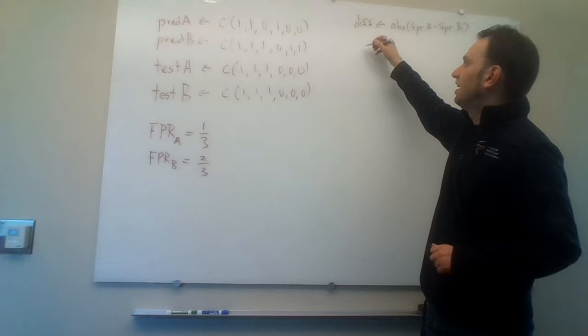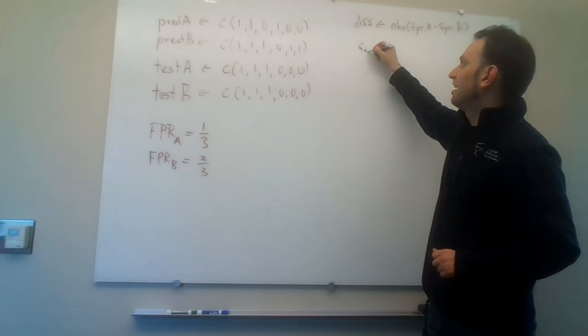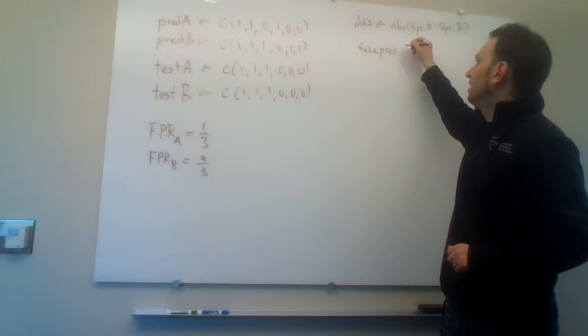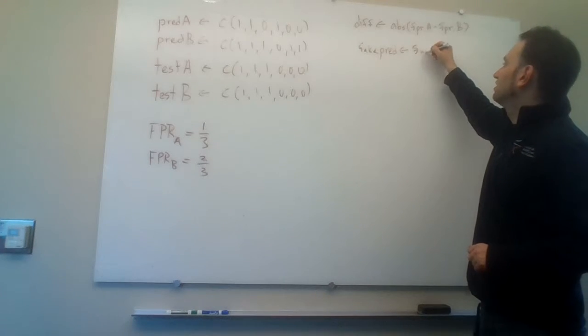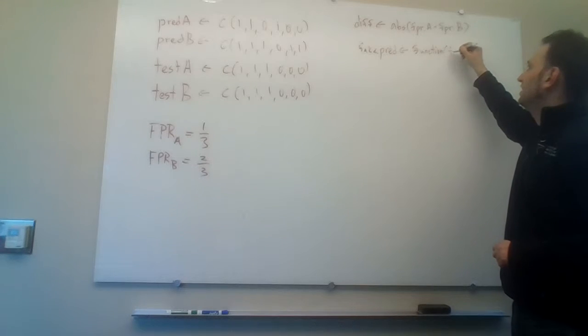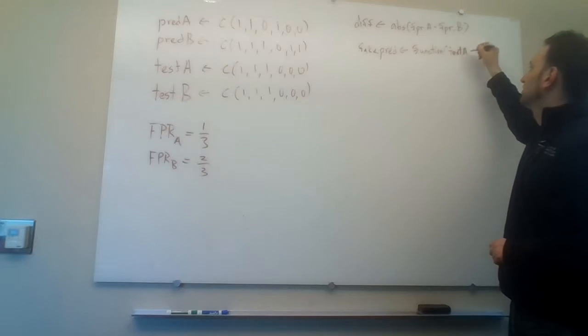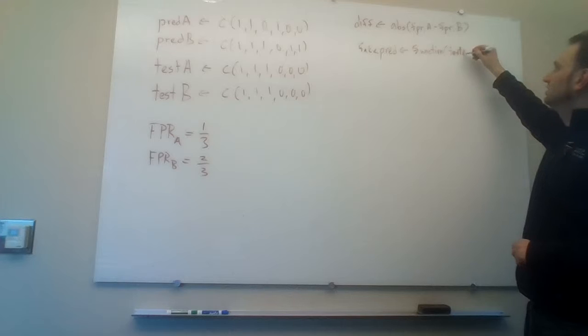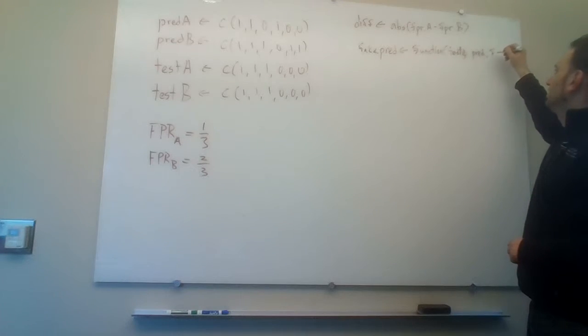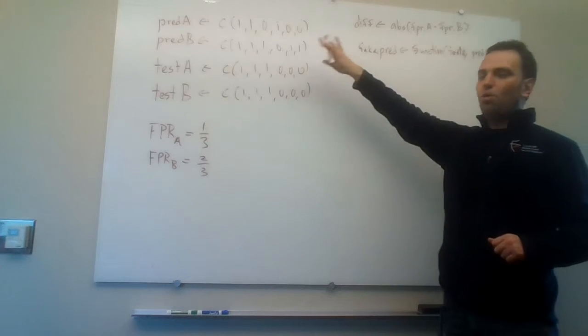So we're going to say fake pred. And this is going to be a function, and it's going to take test, and it's going to take pred, and it's going to take an FPR, some kind of rate. Okay? So what am I trying to do here?